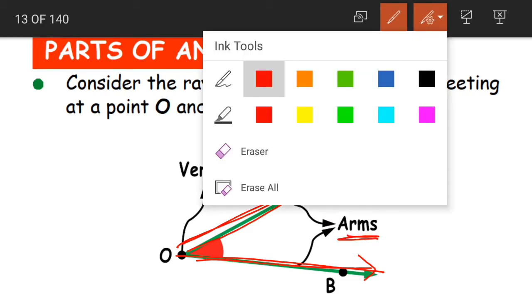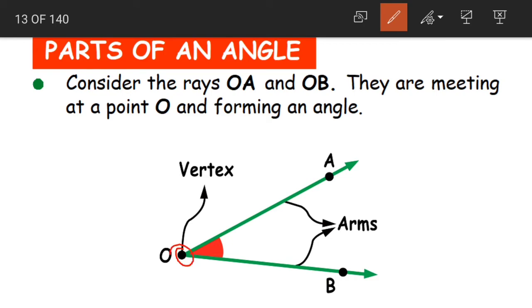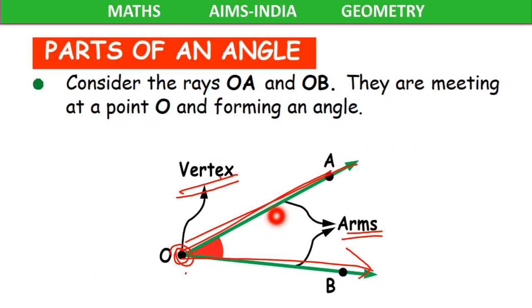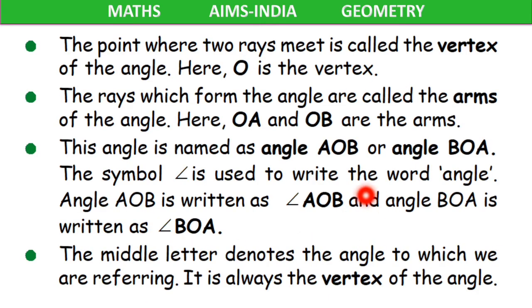What are the parts we have learned now, children? The point where our rays meet is called the vertex, and the rays which meet to form an angle are called the arms of the angle. Ray OA and ray OB are the arms.